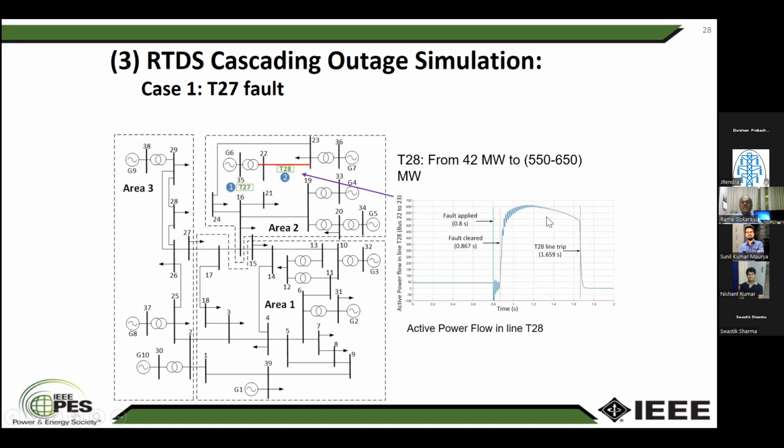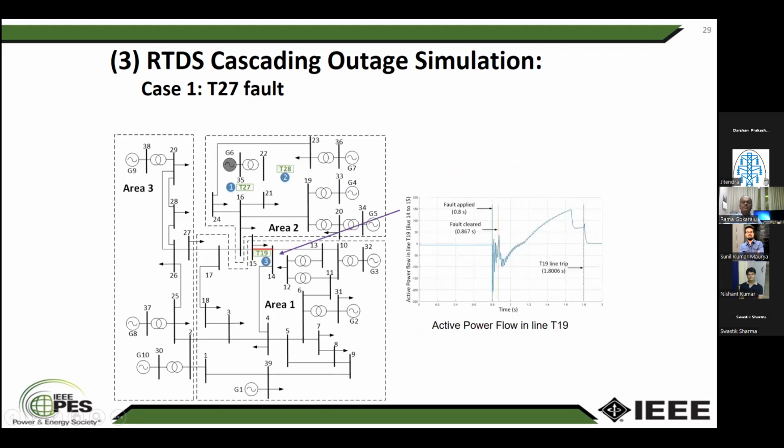So T28, because of the overload condition, tripped at 1.659 seconds. Once T28 tripped, you see line T19 here, it got overloaded. T19 got overloaded and T19 tripped at 1.8006 seconds.